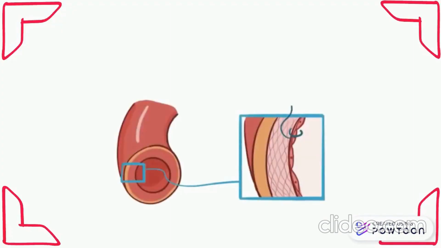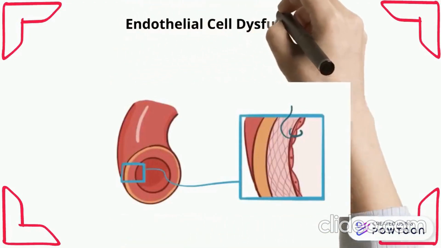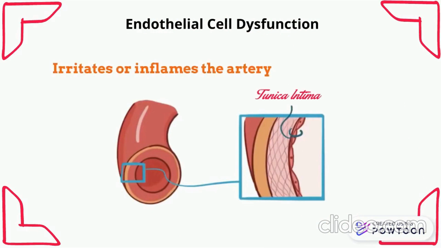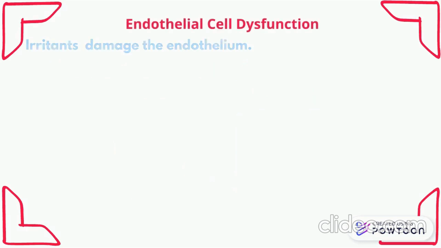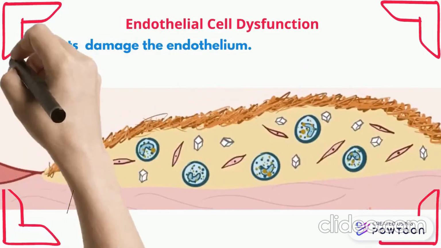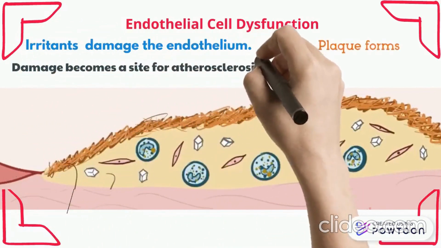There are two main ways that an ischemic stroke happens. One mechanism is endothelial cell dysfunction, which is when something irritates or inflames the slippery inner lining of the artery, the tunica intima. One classic irritant is the toxins found in tobacco, which float around in the blood, damaging the endothelium. The damage becomes a site for atherosclerosis, which is where a plaque forms.